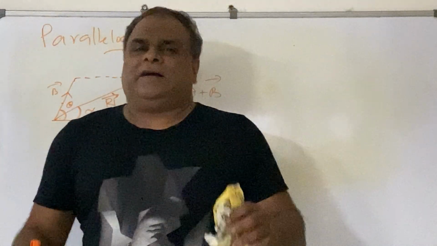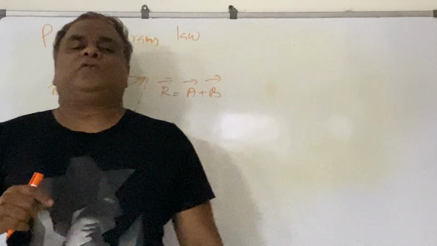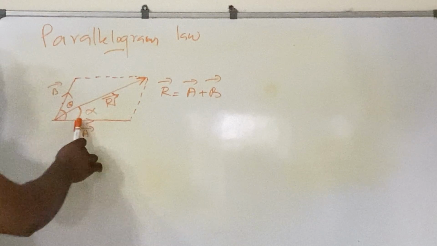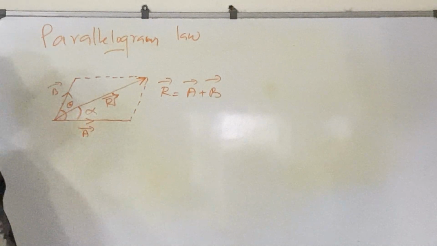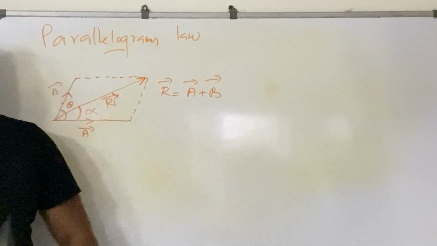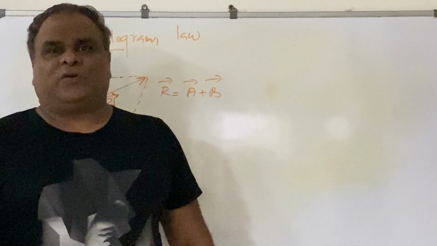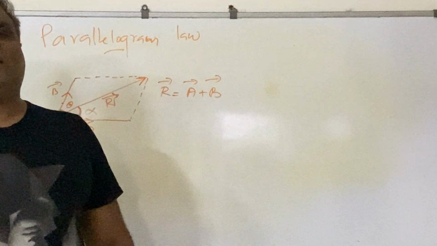So the statement of the law you need to tell like this: if two vectors are represented in magnitude and direction by the adjacent sides of a parallelogram taken in reverse order, not in order.